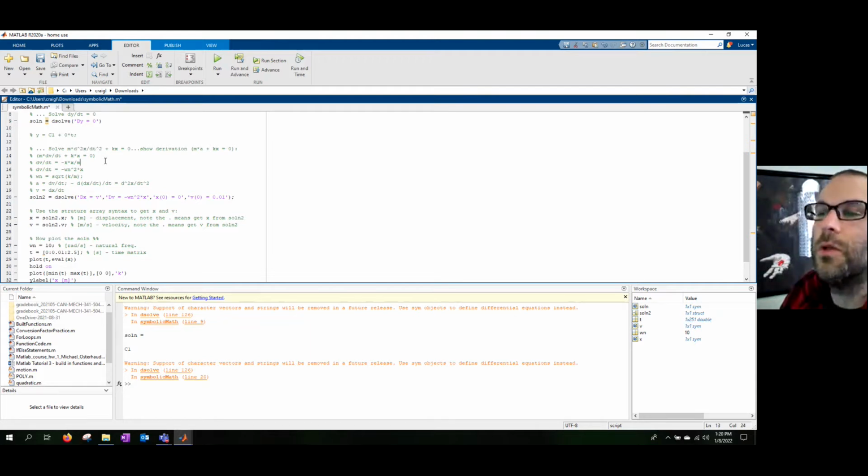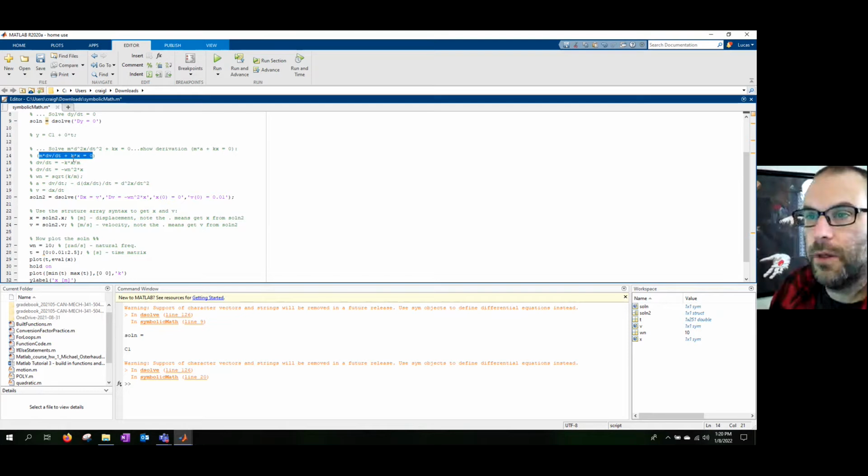Well, what you need to know is that when you want to solve anything like this numerically, using Matlab or whatever, you can't do second order like this. You have to split it up into two first order equations, meaning the derivative has no twos. So we said, well, we know that acceleration is the derivative of velocity with respect to time, dv/dt.